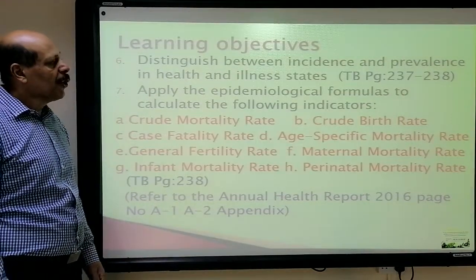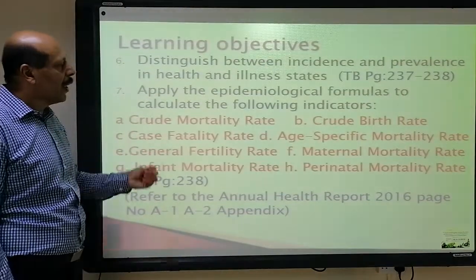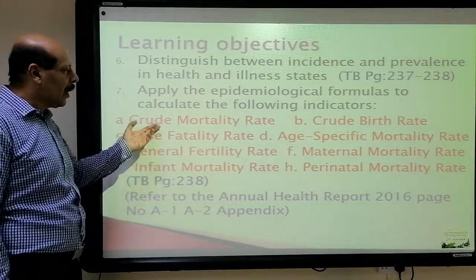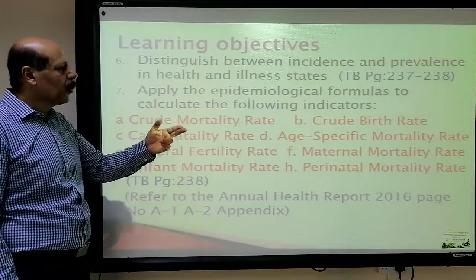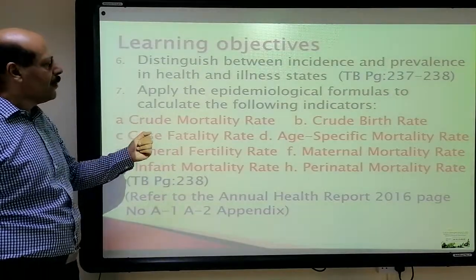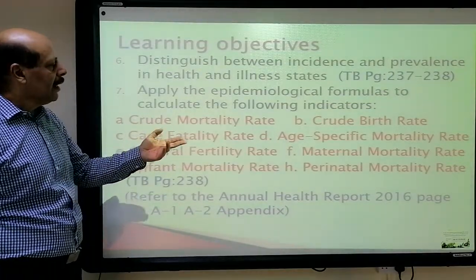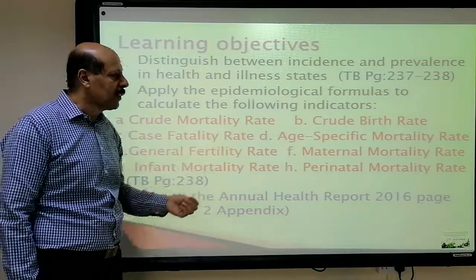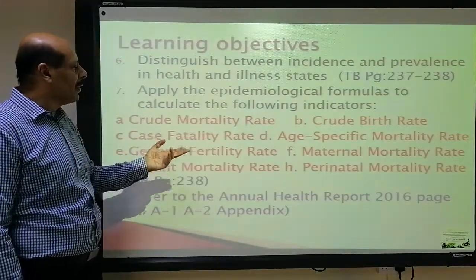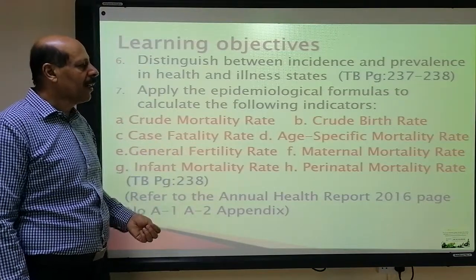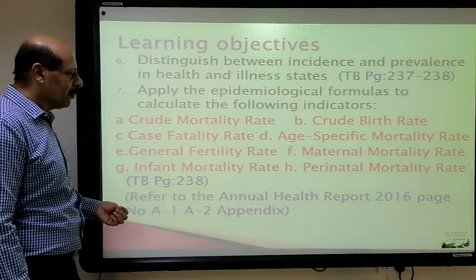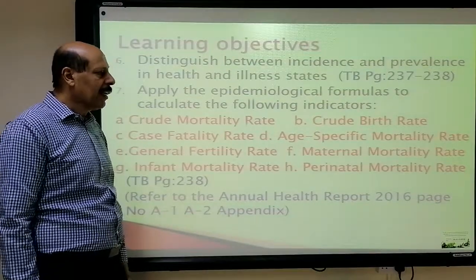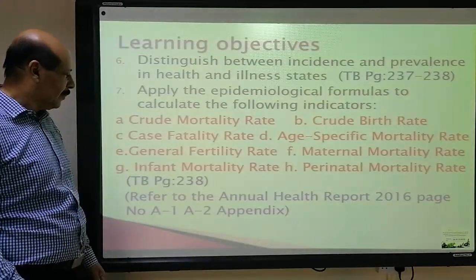Apply the epidemiology formula to calculate the following indicators: the crude mortality rate, the crude birth rate, the case fatality rate, and age-specific mortality rate, general fertility rate, maternal mortality rate, infant mortality rate, and perinatal mortality rate.